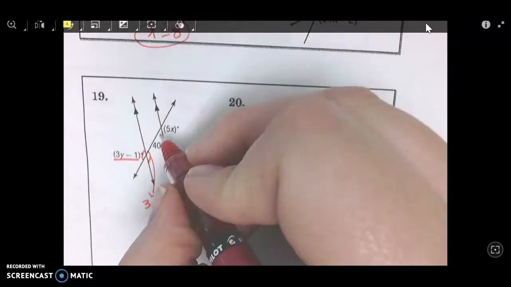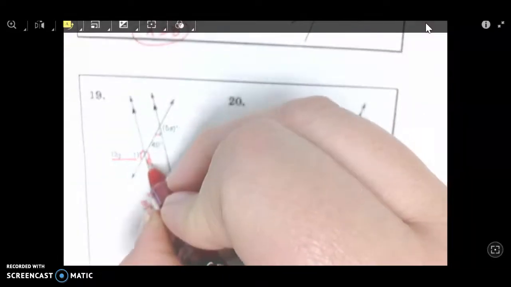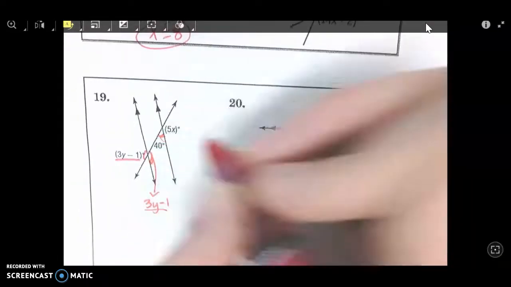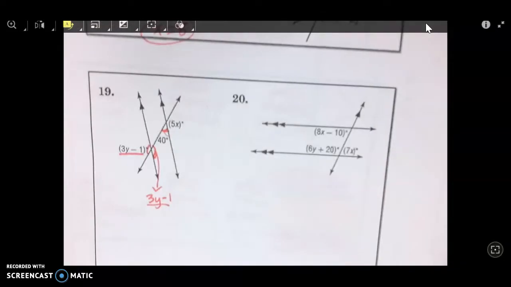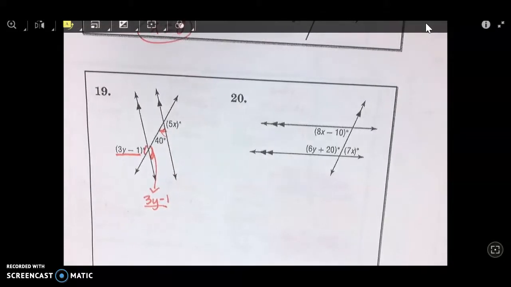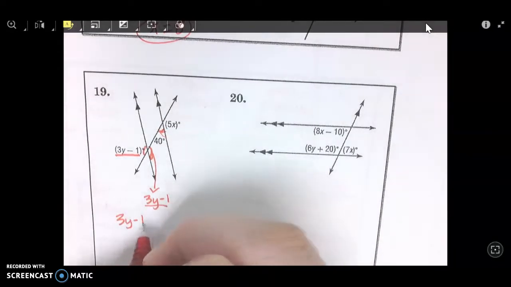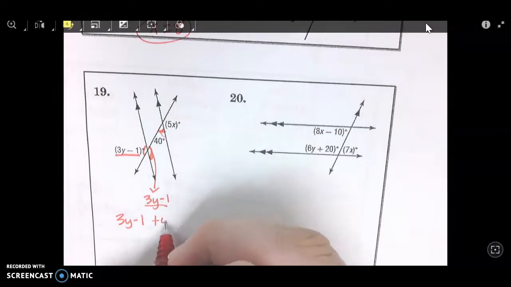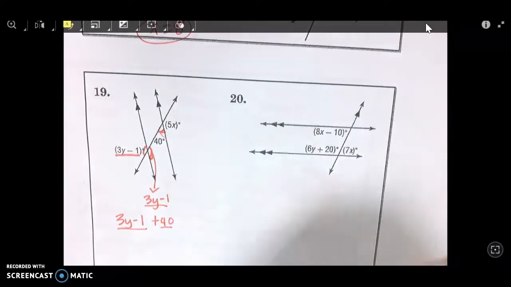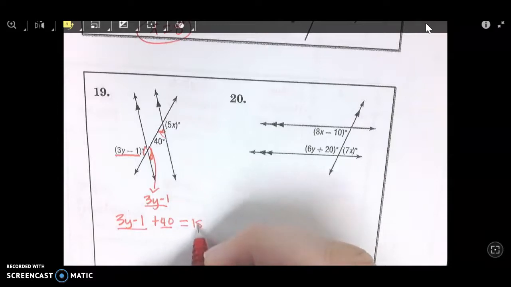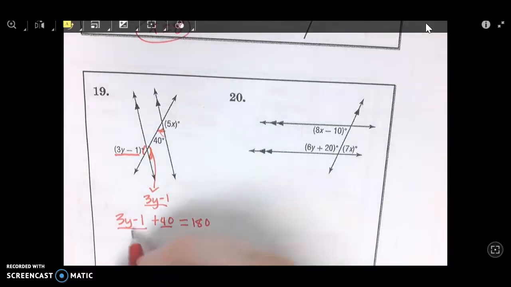And then these two, the 3y minus 1 we just established and the 40, are same side interior angles. So they add up to 180. So we can say 3y minus 1 plus 40 equals 180. Combine like terms, negative 1 plus 40 is 39. We have 3y plus 39 equals 180.